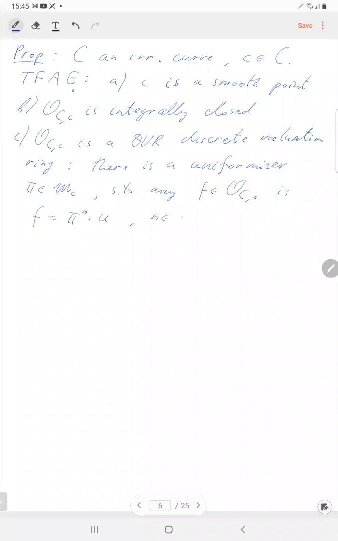So n is a positive integer and u is a unit. Okay.